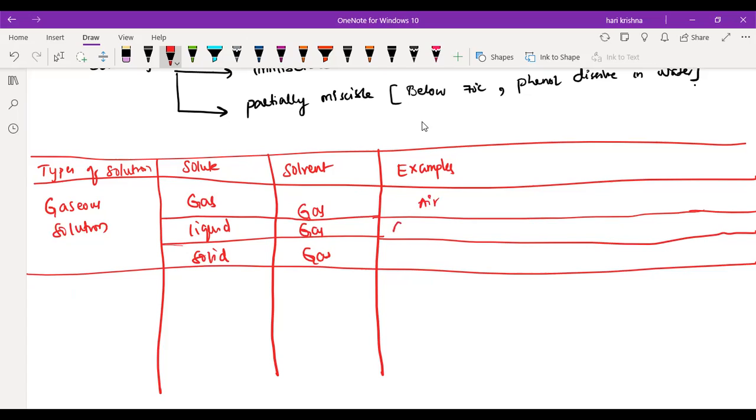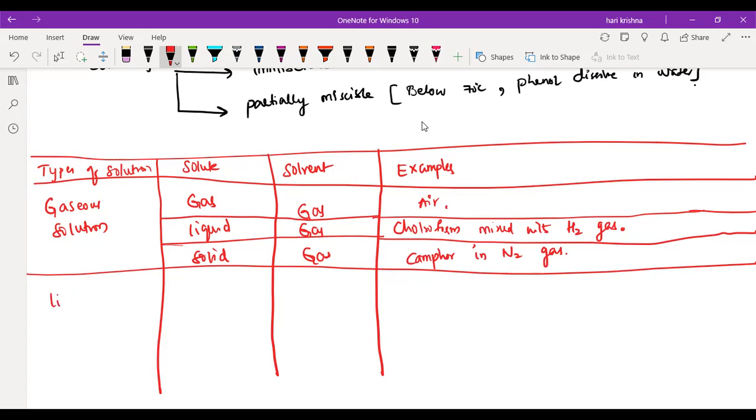So liquid in gas: chloroform mixed with H2 gas. Okay, liquid in gas is nothing but chloroform mixed with H2 gas. Solid in gas is camphor in N2 gas. Okay, that is the solid in gas, camphor in the N2 gas.